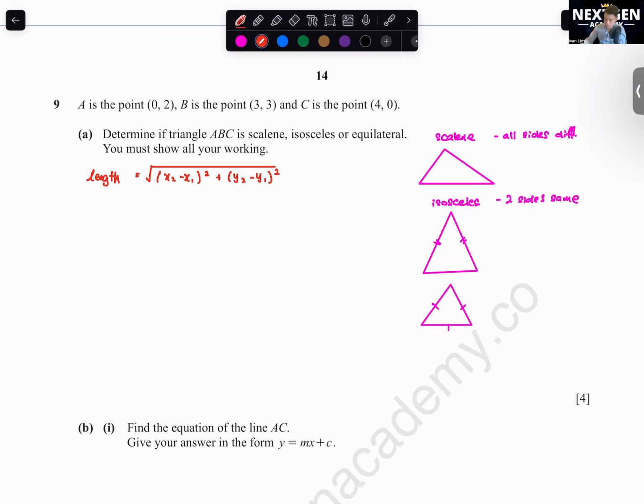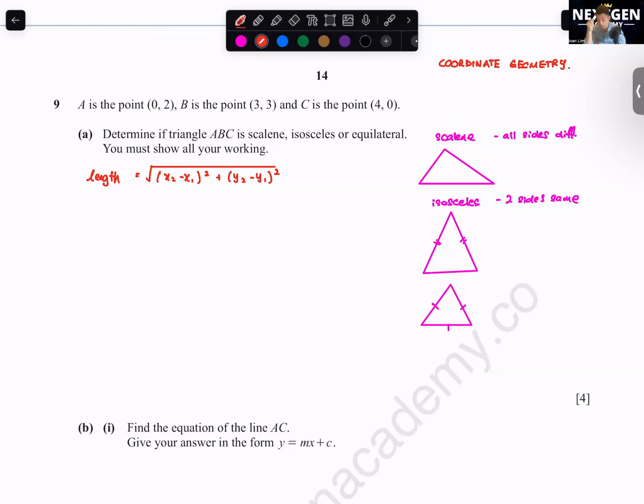Coordinate geometry, which is the beginning of graph. Everything related to straight line equation, y equals mx plus c. So there are a few formulas that you all have to memorize in this chapter here, we will tackle all of it.